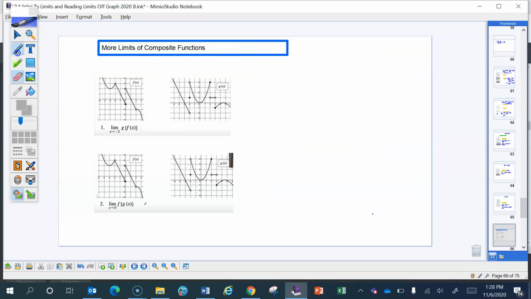So again, for the second question, I am going to let u equal g of x. So first of all, I'm going to find the limit as x approaches 0 of the inside function g of x, and I'm going to approach it from the negative side and from the positive side.